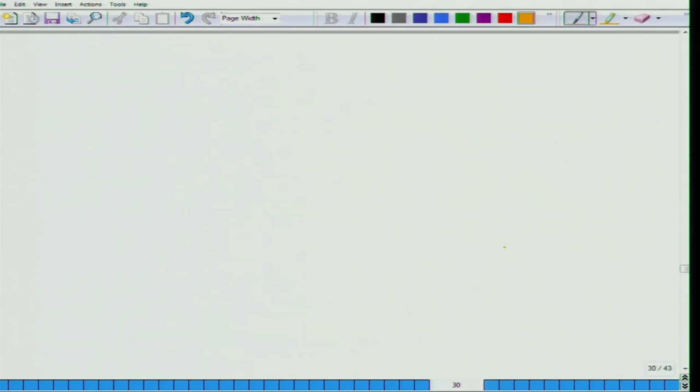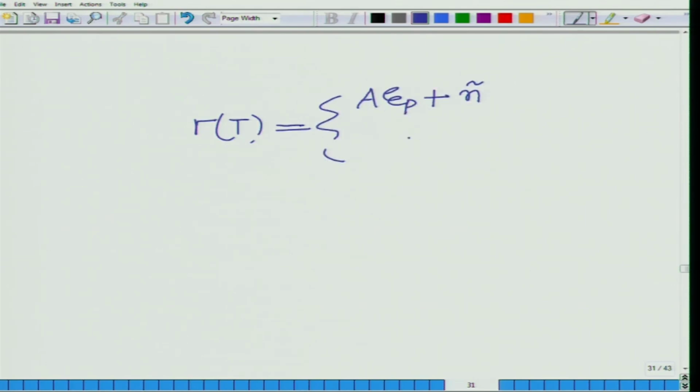Now, one other way to look at this is, remember, R t equals AEP plus n tilde, corresponding to A naught equals A, and n tilde corresponding to A naught equals 0.